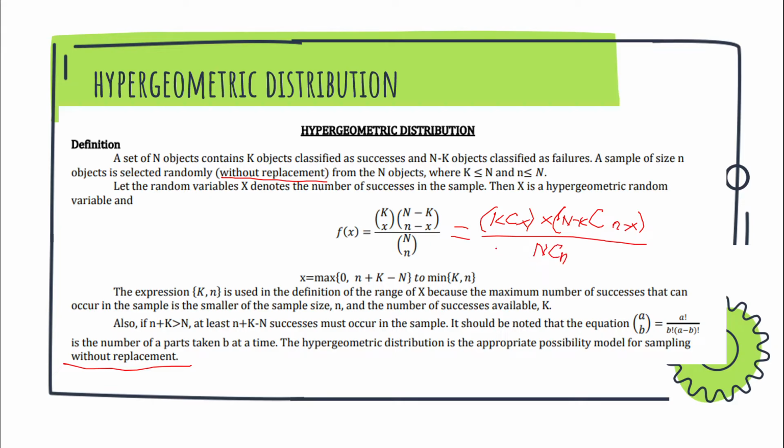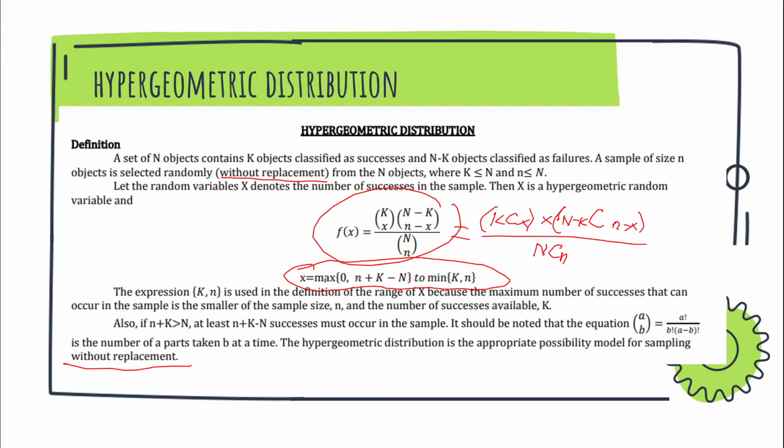So we can translate this formula into combination form, which is K combination of x times N minus K combination of n minus x, over N combination of n. So this is the maximum. The x is from the maximum of 0 to the minimum.